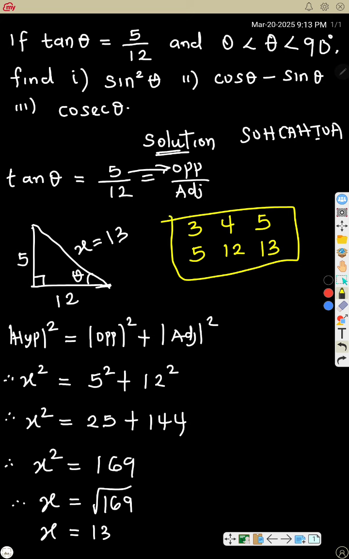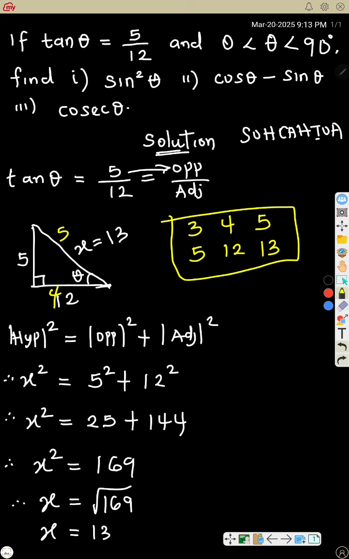What does this mean? It means if this side is 3 and this side is 4, you don't need to even find this side. Then that side must be 5. If the longest side is 5 and here is 4, definitely you must know here is 3.